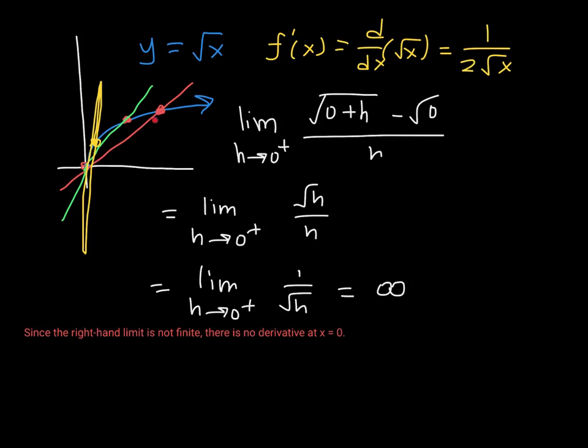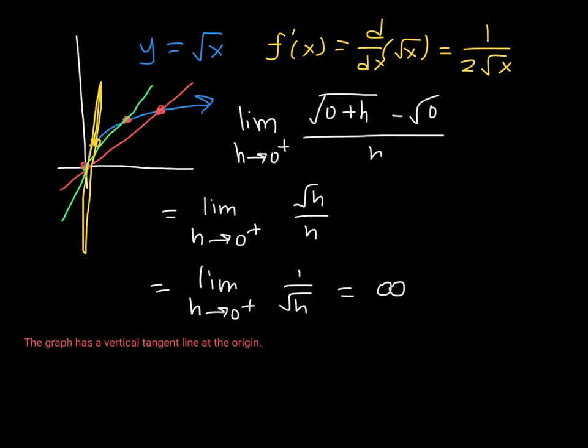So as this point here approaches the origin, that is to say, as h approaches 0, these secant lines are getting really close to a vertical tangent line at x equal to 0, and the slope of such a line is undefined. So it's important to note that the graph has a vertical tangent line at the origin.